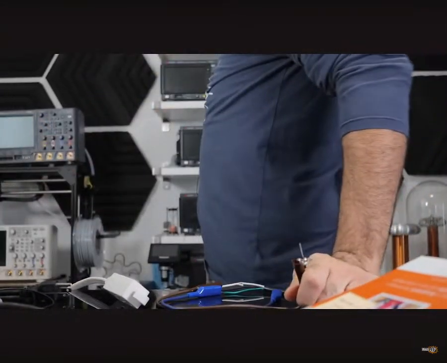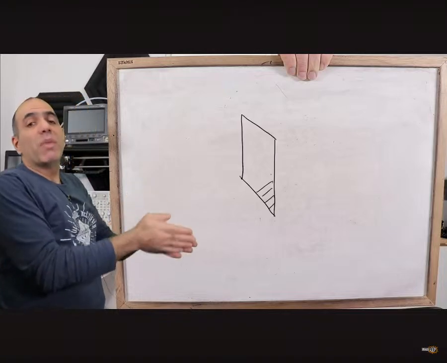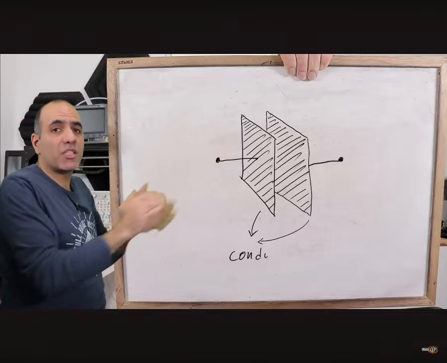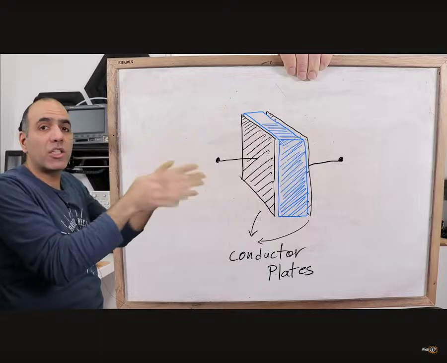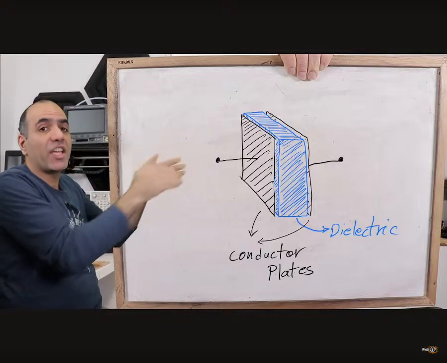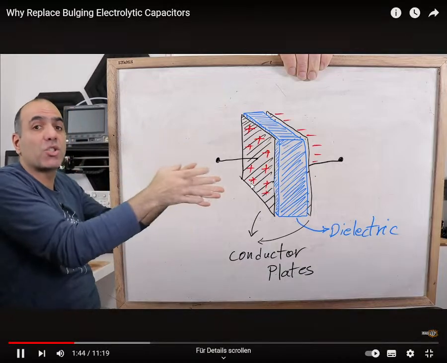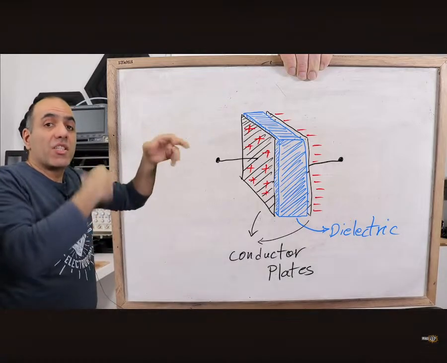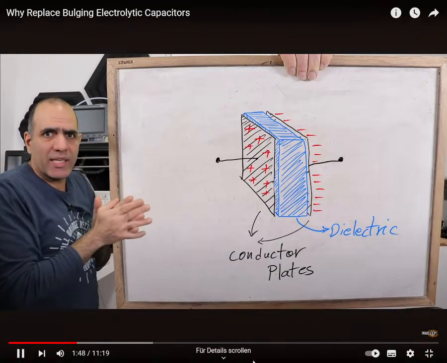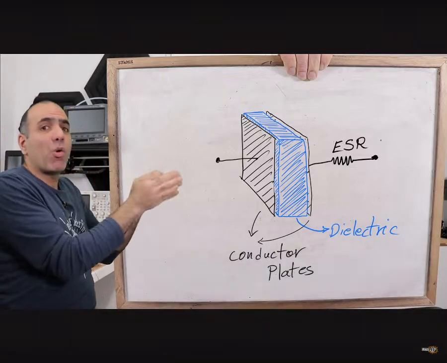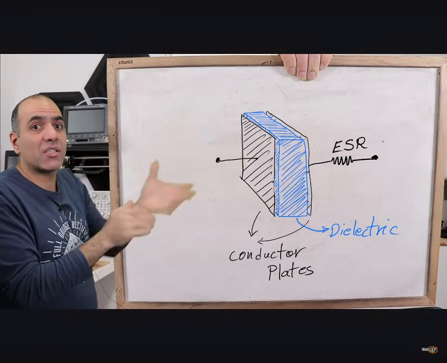Let me draw this for you. A capacitor is made of two conductor plates side by side, separated by a non-conductive isolating layer called a dielectric, and charges are stored on its plates. The wirings inside a capacitor have their own resistances, which we show as a very small equivalent series resistance, or ESR.